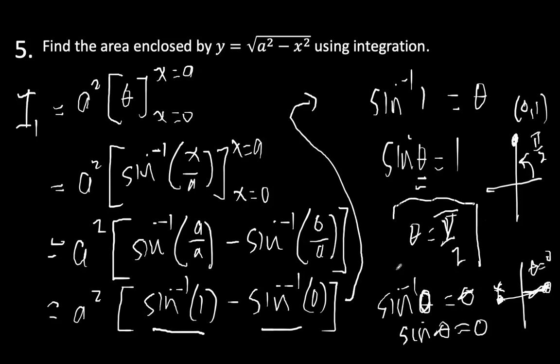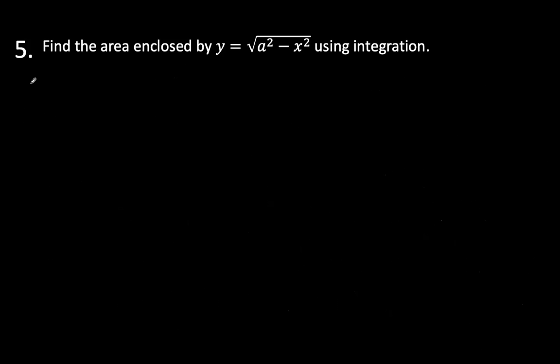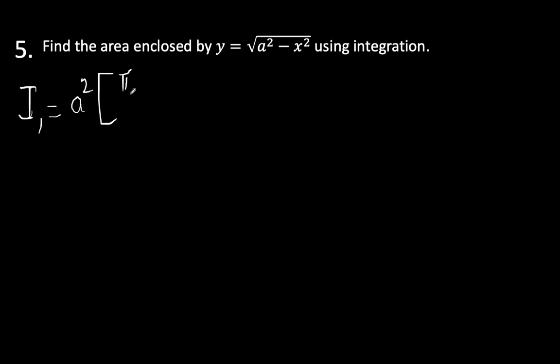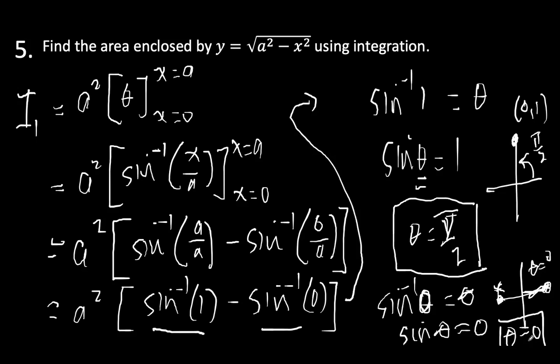So we found this theta and another theta which is equal to 0. Let's substitute these values of theta here. Integral 1 is equal to A squared times, let's go back, the value of theta here is pi over 2 minus the value of theta here, which is 0.